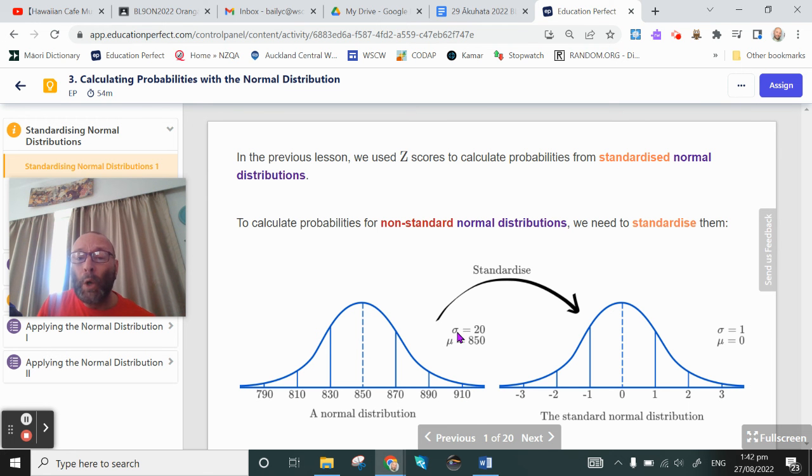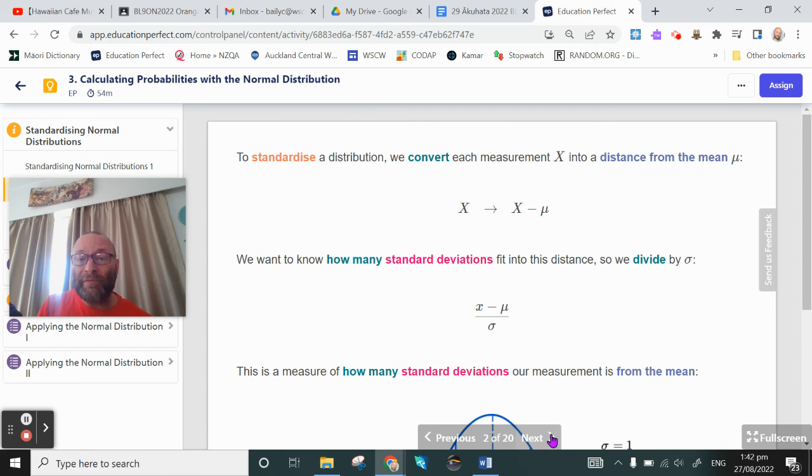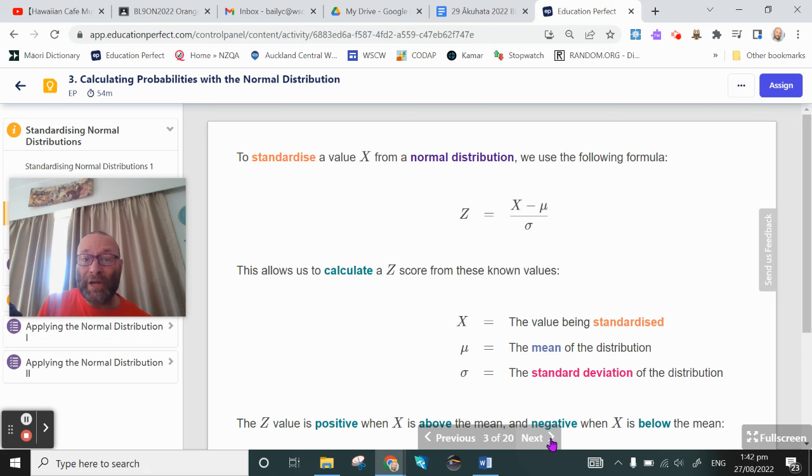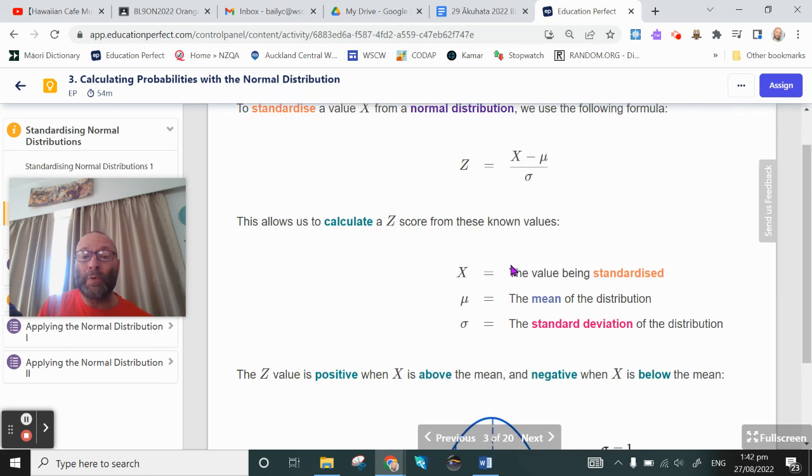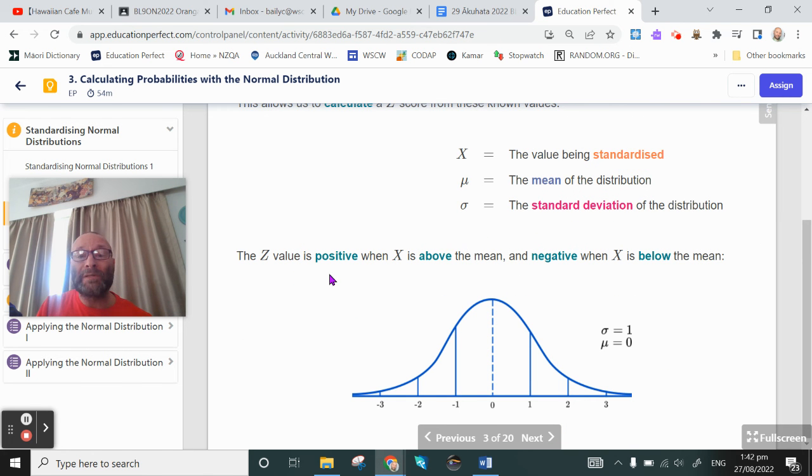You're going to need to know what the standard deviation is for that particular problem, and also the mean, mu. Once you've got those three values, they go into that equation, and that's going to change an x value into a z-score. So the z value is going to be positive when the x you're choosing is above the mean, and your z value is going to be negative if you're choosing a value that is below the mean.